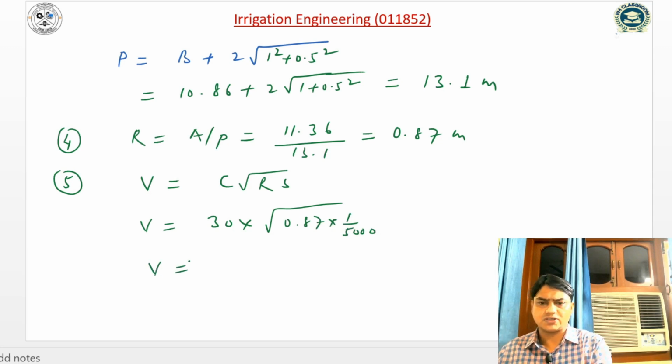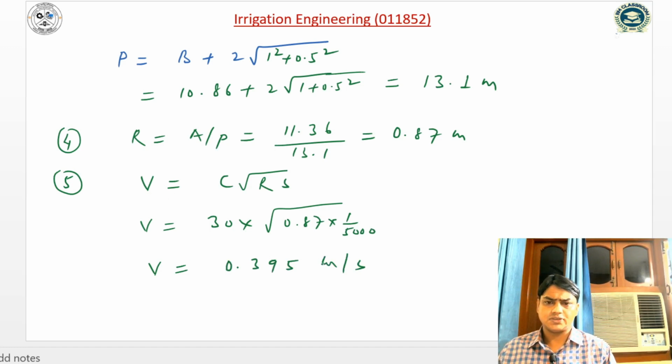So actual mean velocity is 30 into square root of 0.87 into 1 by 5000. So it will be 0.395 meter per second. So this velocity is less than V naught because critical velocity is 0.44.